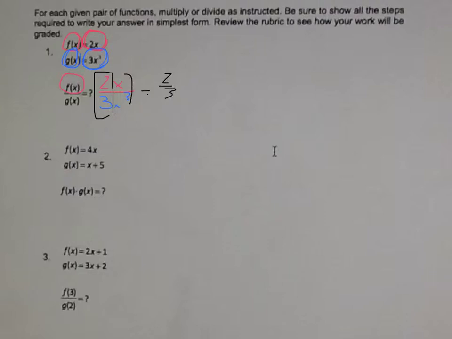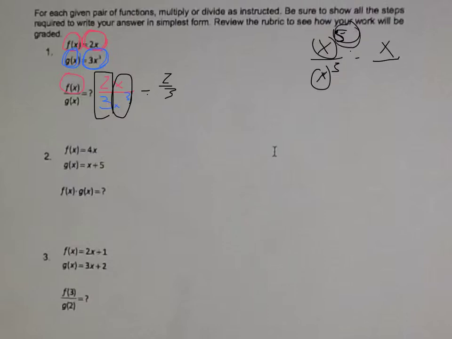Now, can we simplify this? Yes. If you remember from my earlier teachings, whenever you're dividing with exponents, like x to the fifth over x to the third, the x's do battle, the top and the bottom one, and the winner is whoever has the bigger number up there. Therefore, this one's bigger, that's where the x is going to end up.